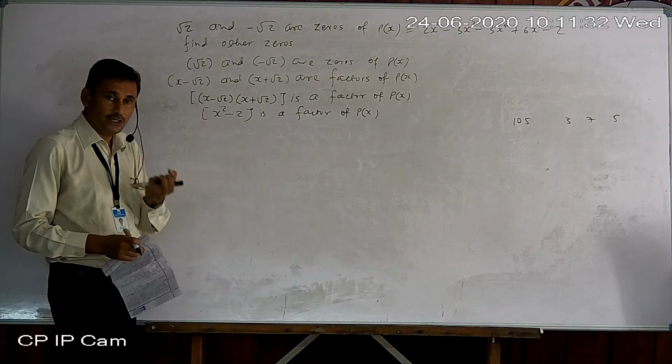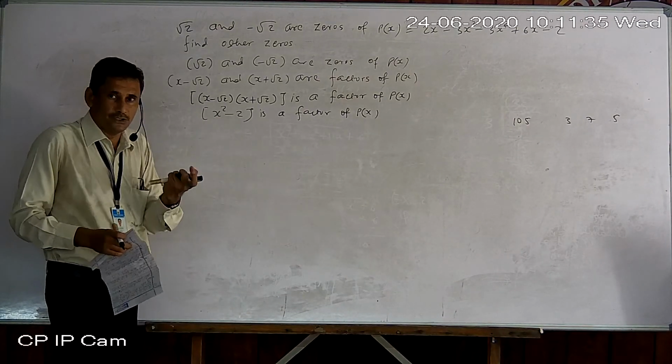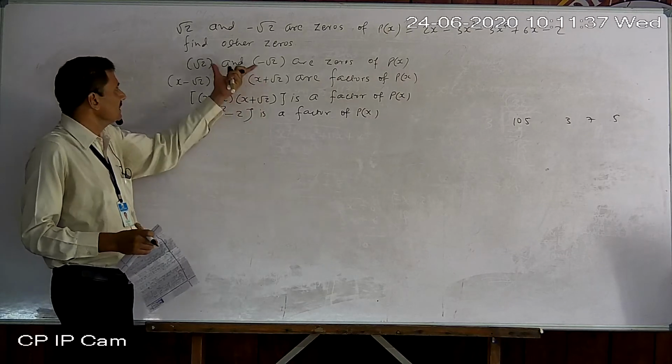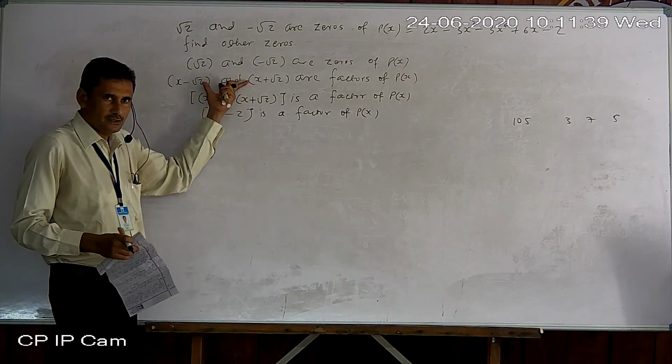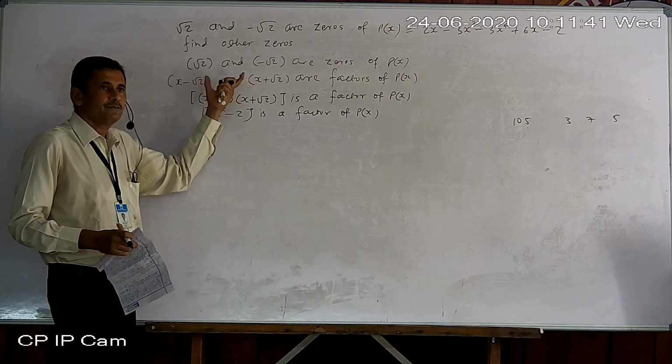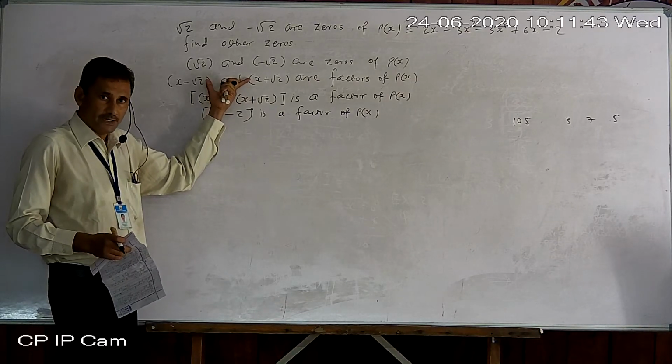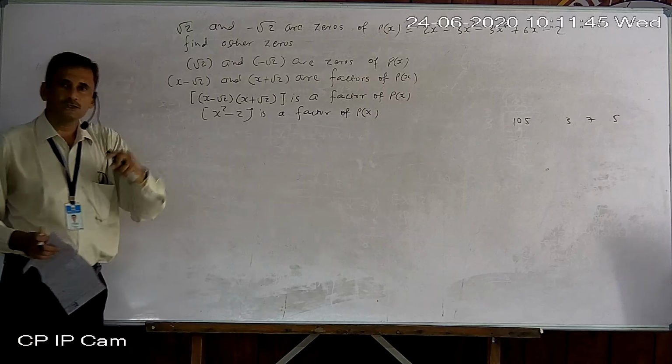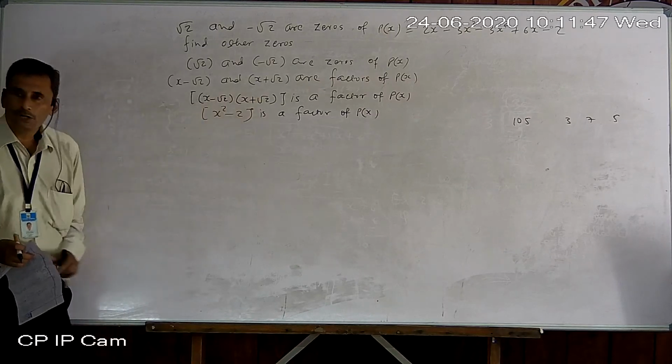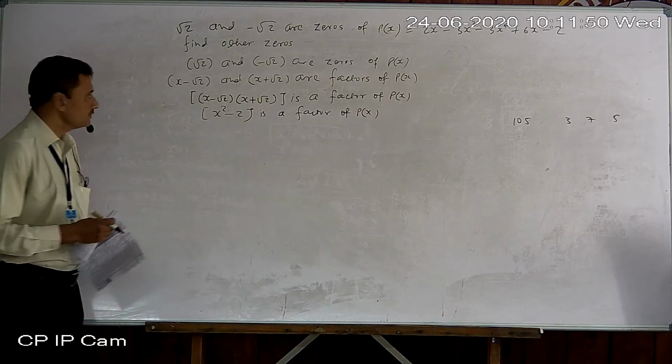Again I repeat the new point. If two zeros are given, we can write two factors. Just take the product of both factors. That product will also be a factor of the given polynomial. Now just divide.